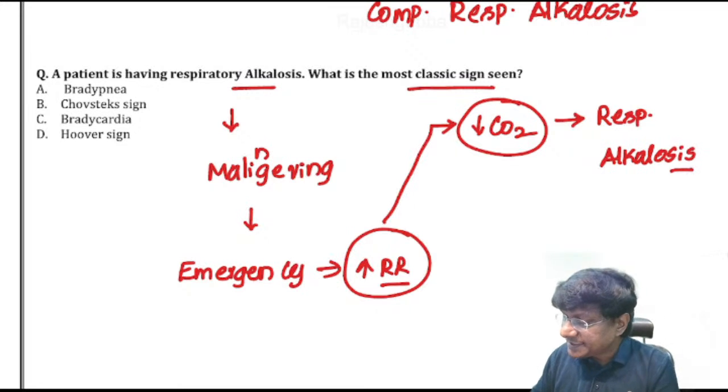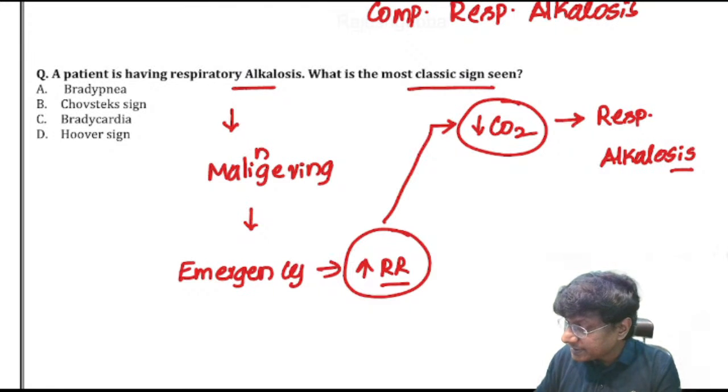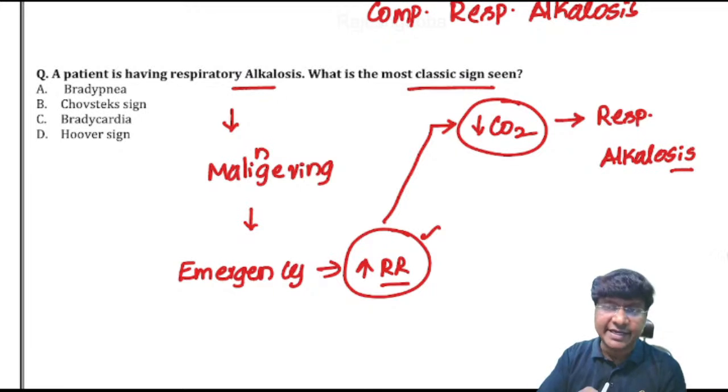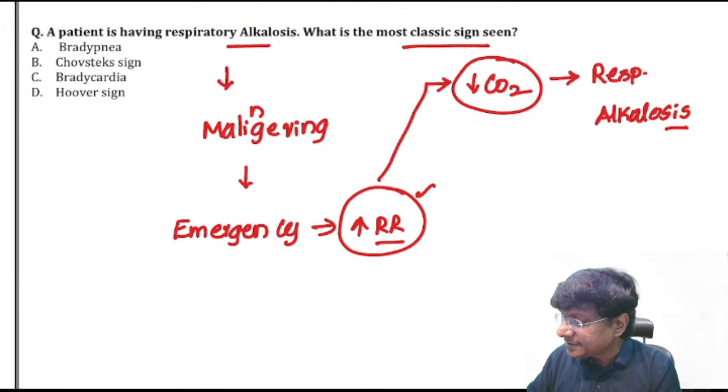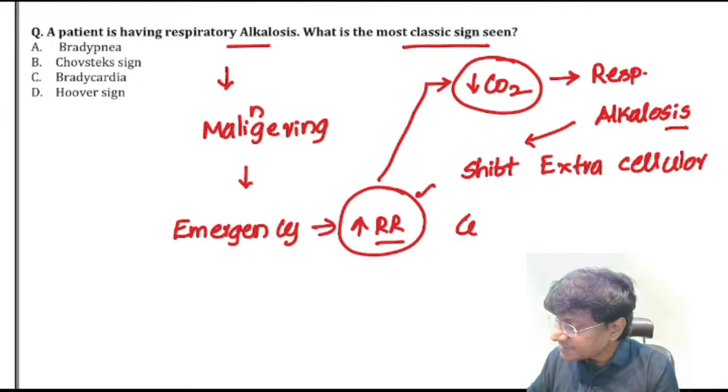Now whenever there is respiratory alkalosis, because of this increased respiratory rate which is voluntarily done by the individual, this respiratory alkalosis will shift the extracellular calcium to the intracellular compartment.